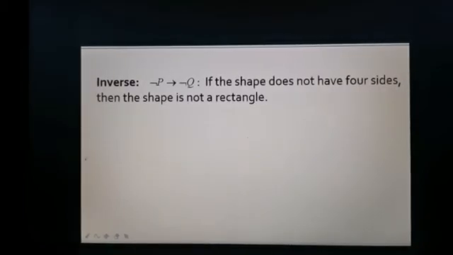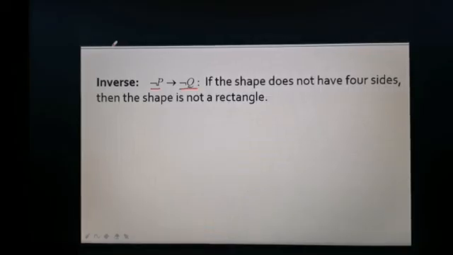For the inverse part, the symbol if not P, then not Q, the statement will become, if the shape does not have 4 sides, then the shape is not a rectangle. Again, for the inverse part, you're going to negate the 2 statements.